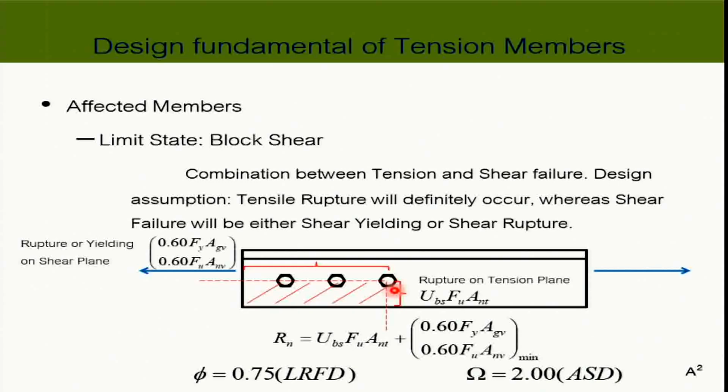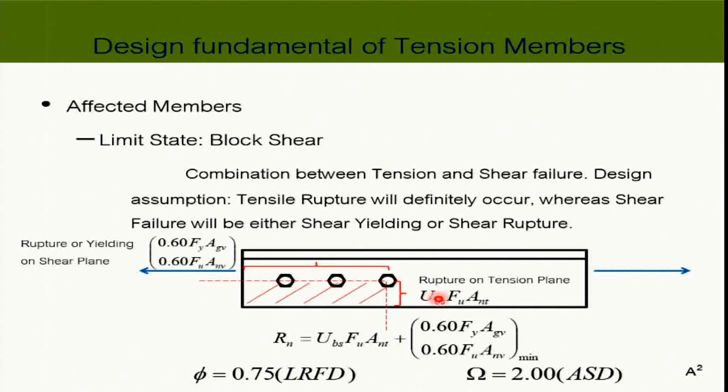So that means you deduct only half a hole, not one hole. Because the dotted line, red line, the failure line is coming in from this right to the center of the hole. So when you deduct, the area is only half the hole. Okay? And the strength on this side is the ultimate tensile strength multiplied by the net area.